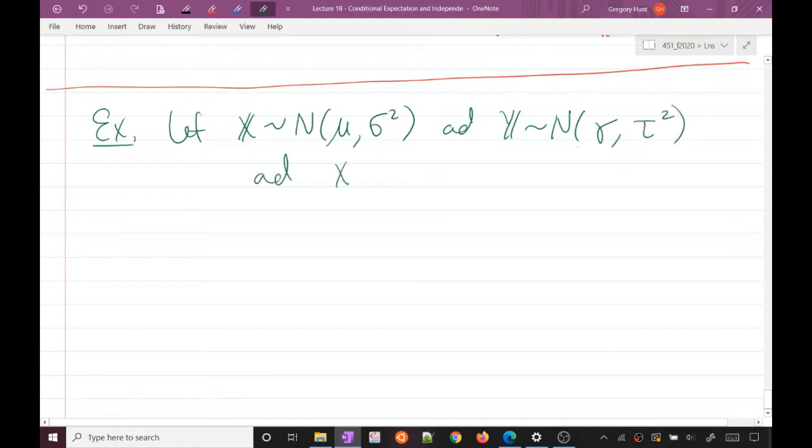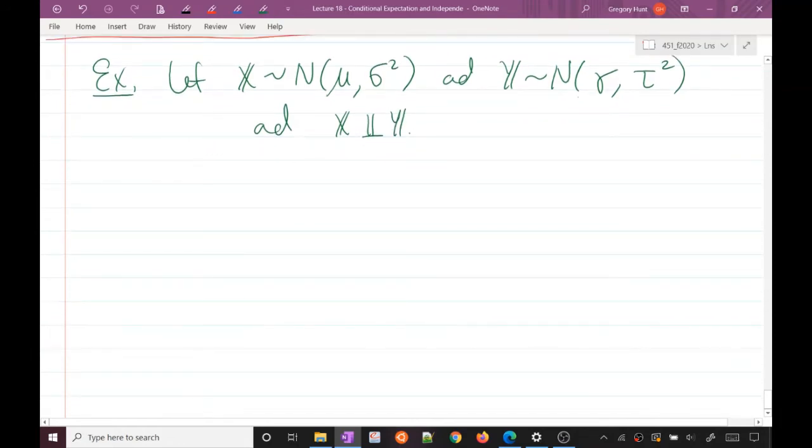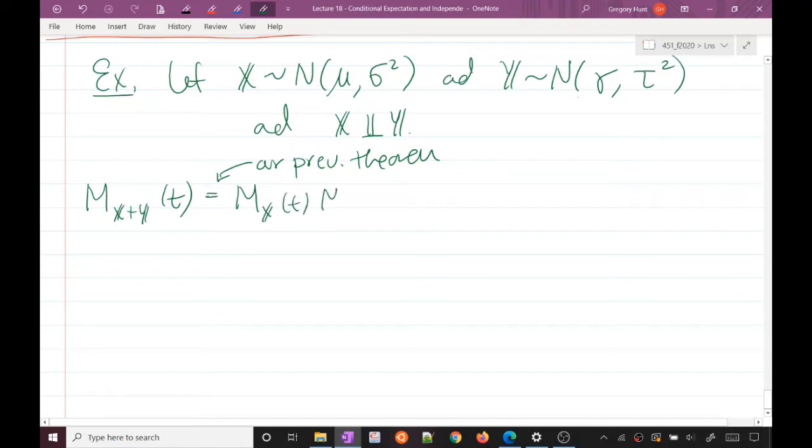And let's assume that x is independent of y. Well, it may not be obvious, but I can ask, what's the moment generating function of x plus y? I know by our previous theorem, this is the MGF of x at t times the MGF of y at t.